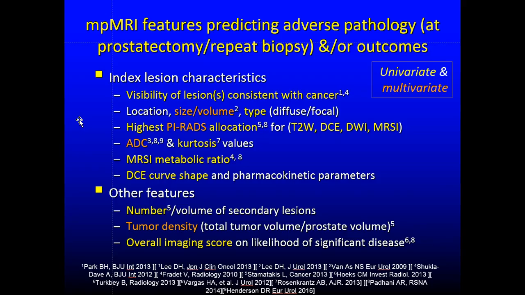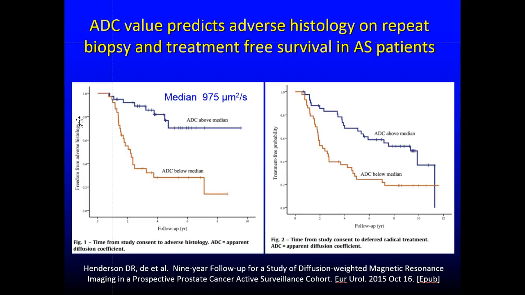So larger lesions, higher PIRADS scores, lower ADC values, the presence of a mass, the presence of multiple masses, etc., all predict in univariate or multivariate analysis an adverse pathological outcome on a repeat biopsy or at prostatectomy. And I just wanted to show you some data.